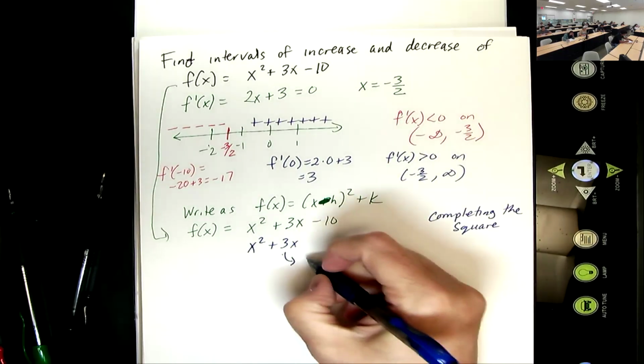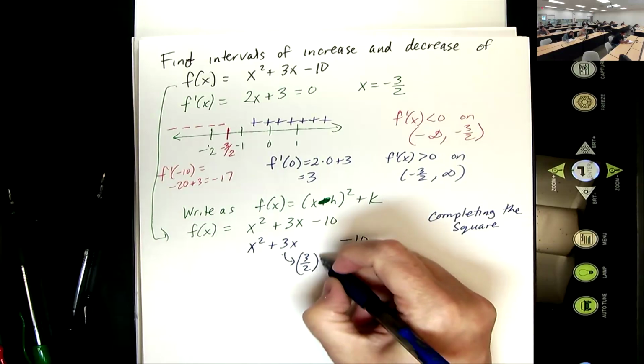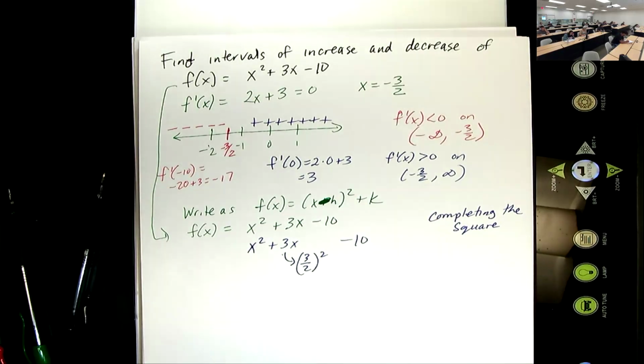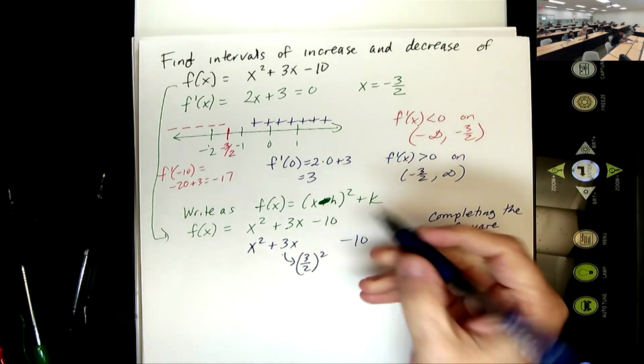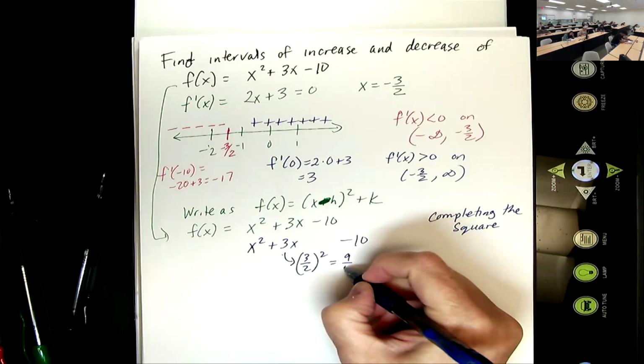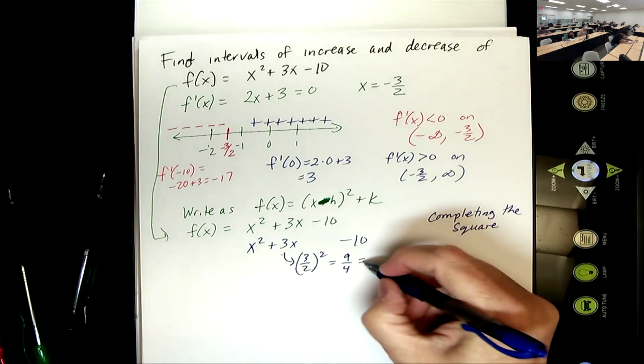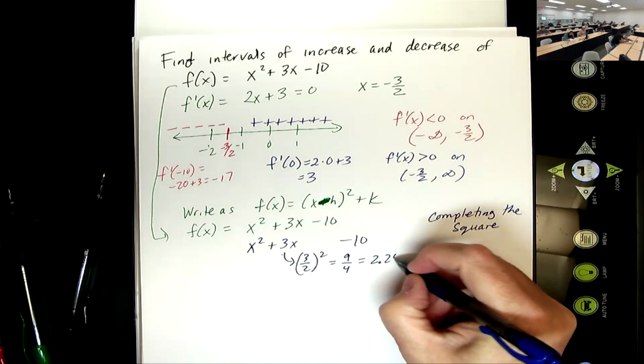You take this value and you divide it by 2, and you square it. That is 9/4, or positive 2.25.